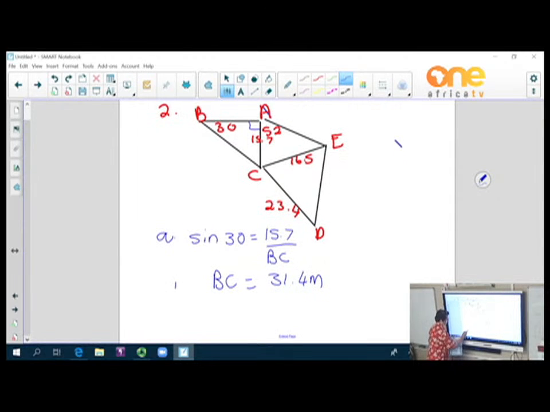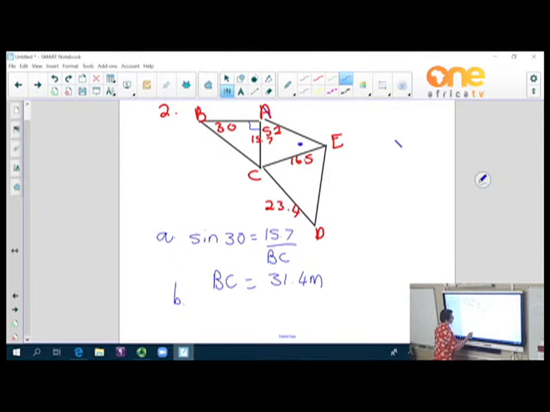31.4 meters. Number B. Use the sine rule, so they tell you what to do, to calculate angle AEC. This is what we want to calculate now, and show that. You may not start with that. A show that question means you have to get the answer there.